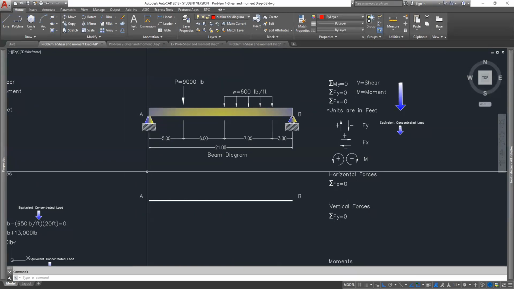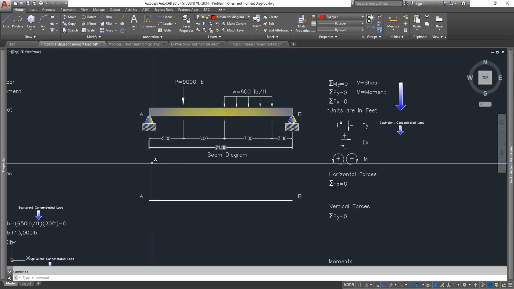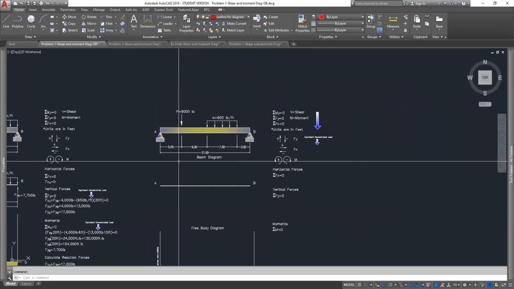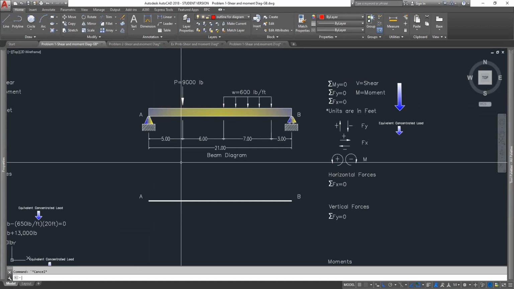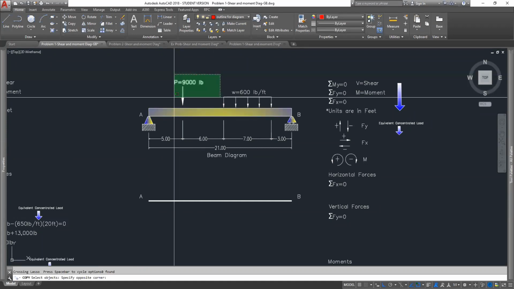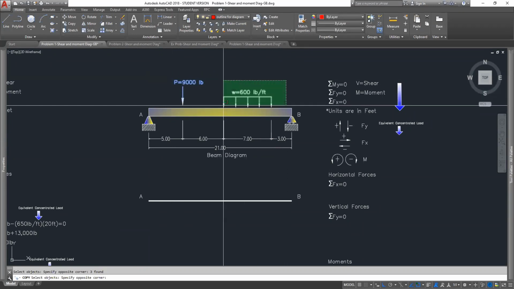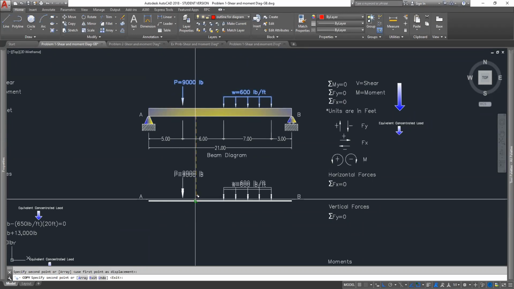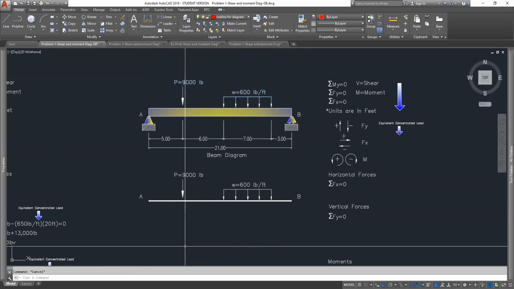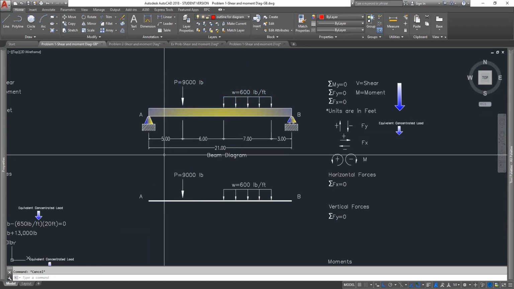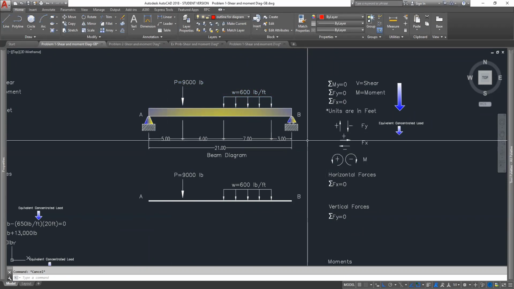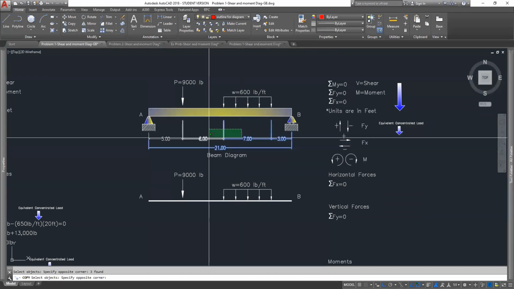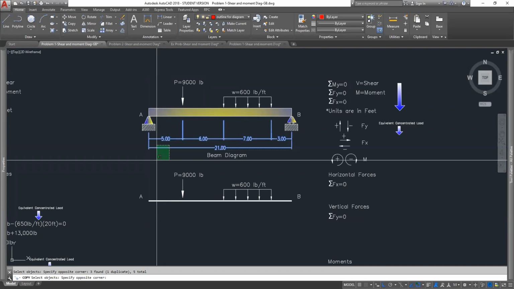So one of the important things about drawing your free body diagram is to first go ahead and bring down our forces onto the free body diagram here. And then let's go ahead and bring our dimensions over so we can use those.